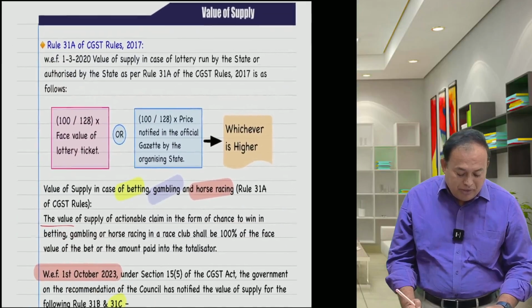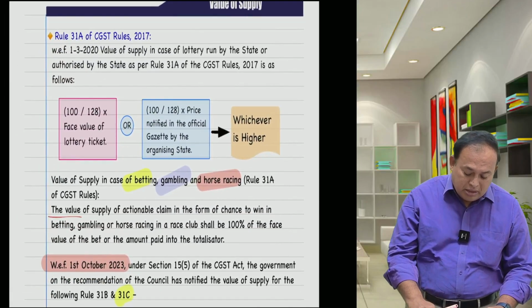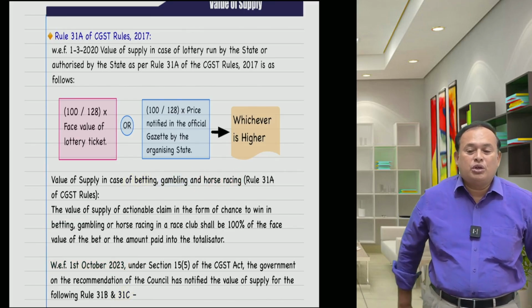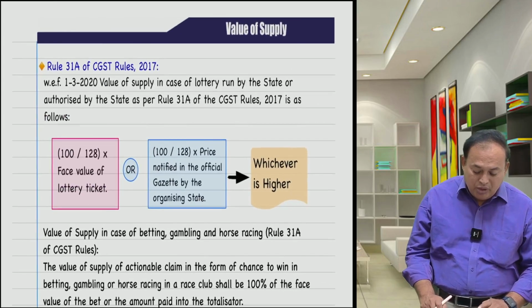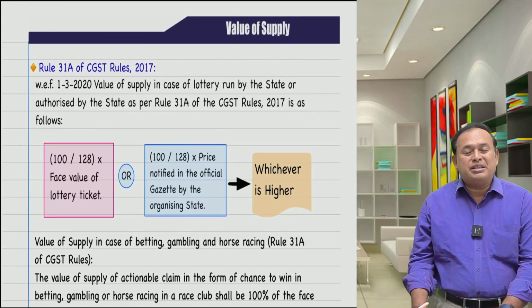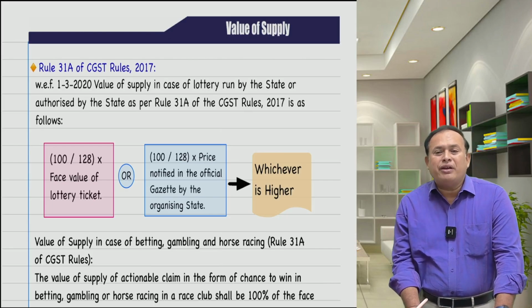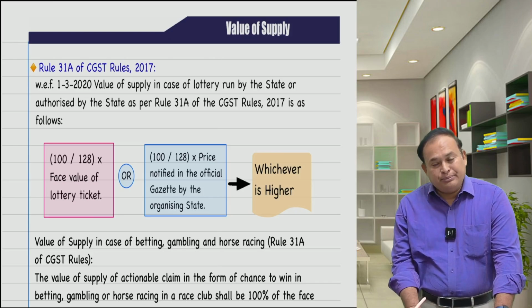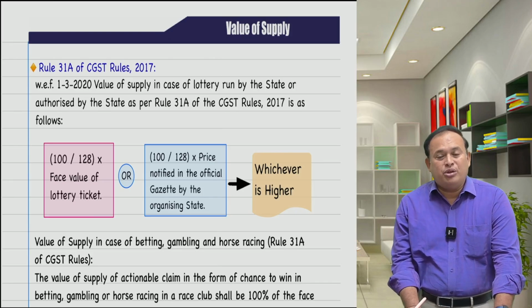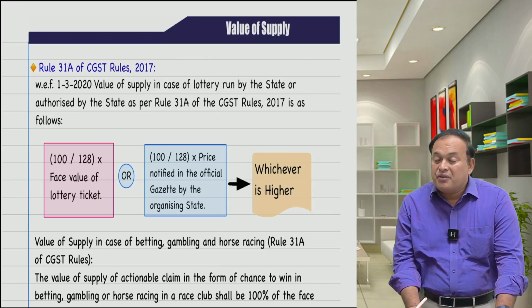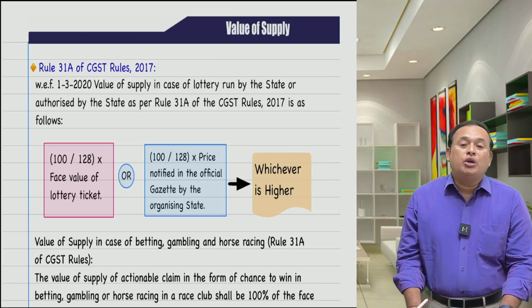Now, moving further to rule number 31 A. What is rule number 31 A? It says how to determine the value of a transaction with regard to lottery. Lottery is nothing but part of actionable claims, which are in the definition of section 2 subsection 52.